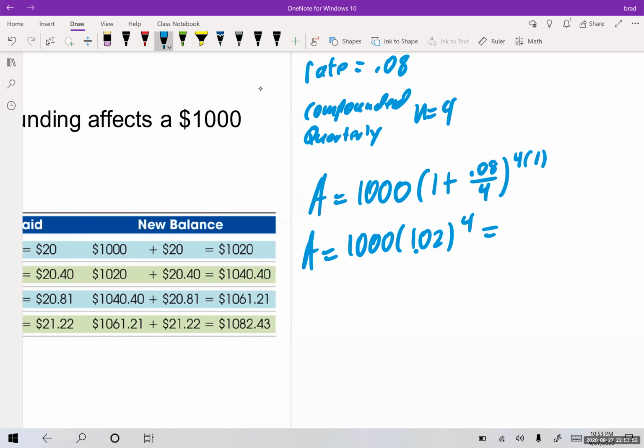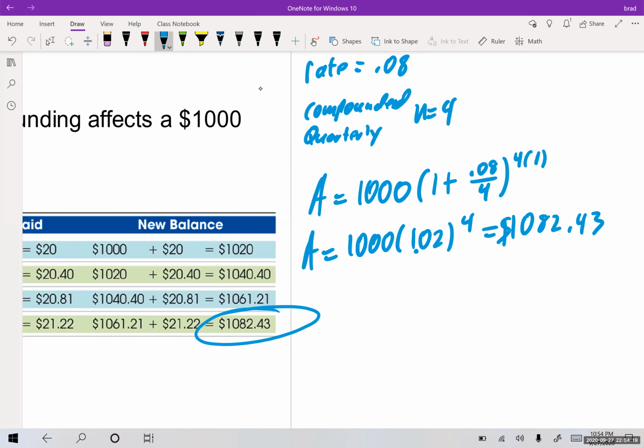So now this should become to the fourth power: 1,000 times 1.02 to the fourth power. And that should be $1,082.43. I rounded off a little bit to the nearest penny. And look right here, same exact thing.